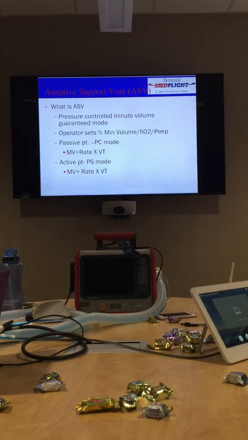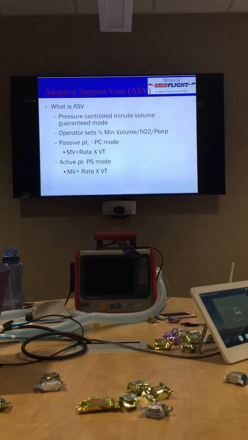So if you have a passive patient who's doing absolutely nothing, they're intubated, they're sedated, they're paralyzed, if you set 100% minute volume, they have no rate, right? So the vent is going to figure out, okay, to give them the minute volume that you've set based on ideal body weight, I've got to give a rate of this along with a tidal volume.